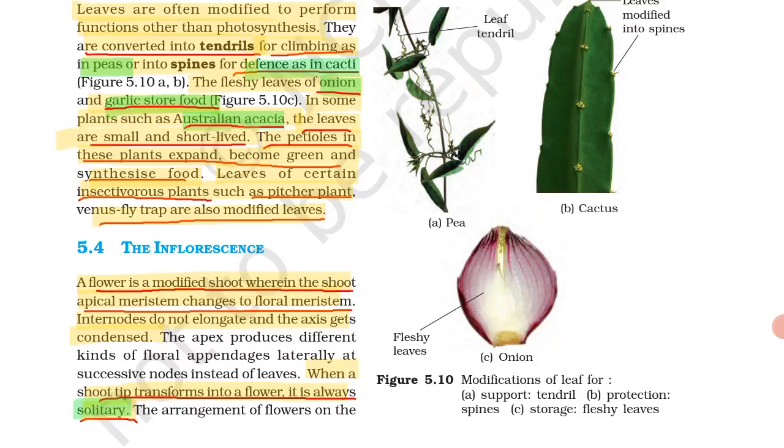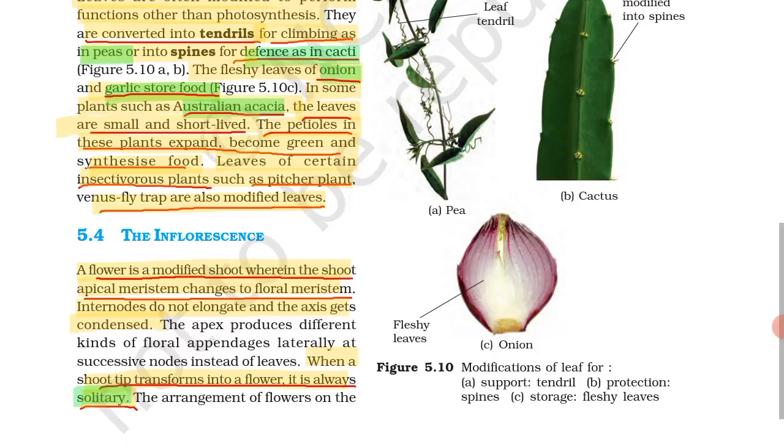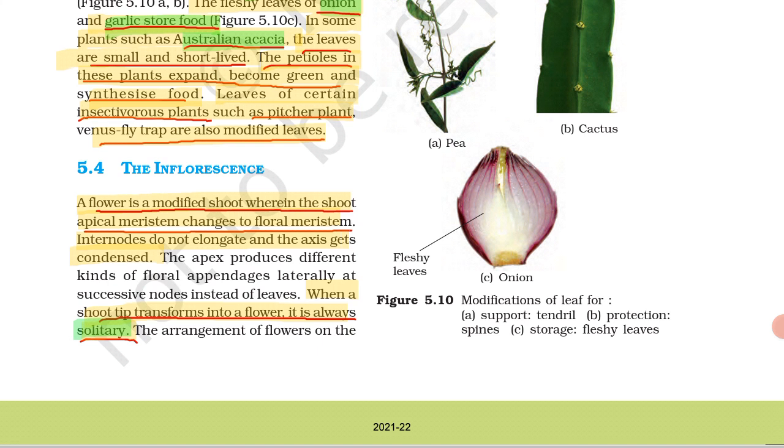Instead of leaves it gives rise to flowers, and in the apex it produces different kinds of flowers. So when a shoot tip transforms into a flower, it is always solitary. This may be asked in the exam: what is solitary? When the shoot tip gets transformed into a flower, it is called solitary.